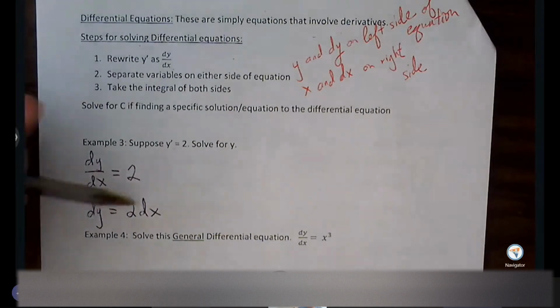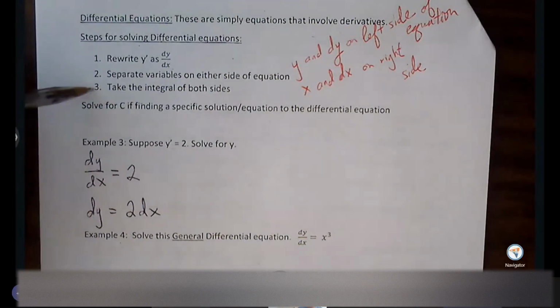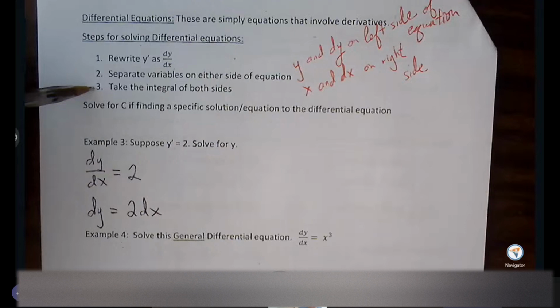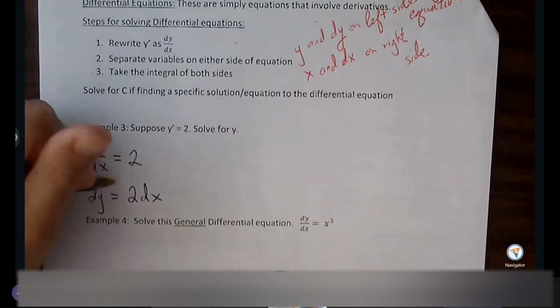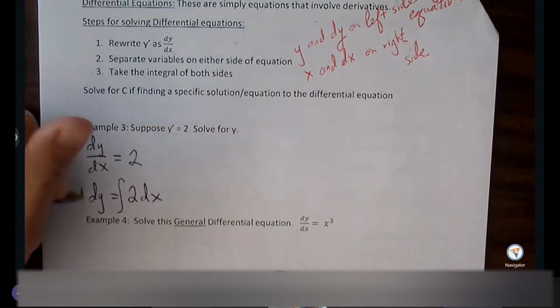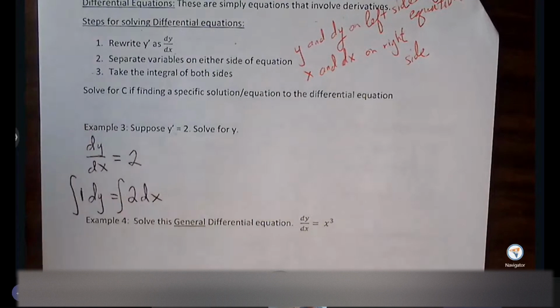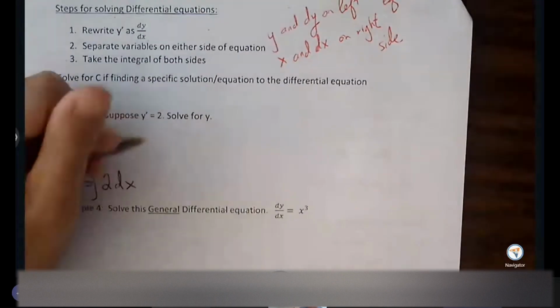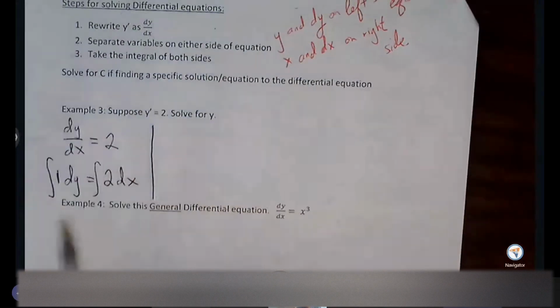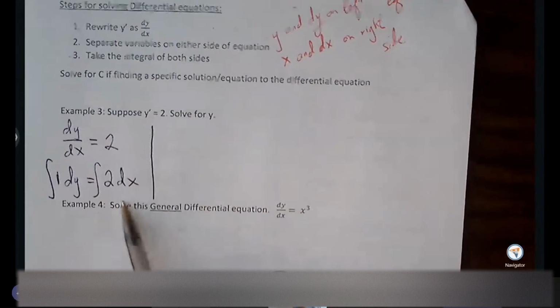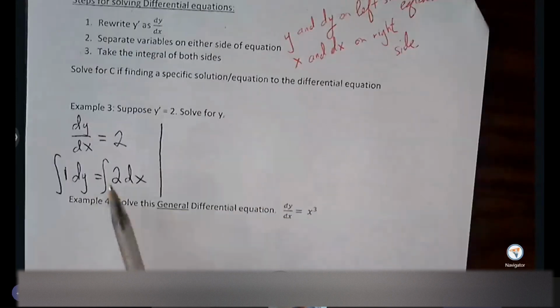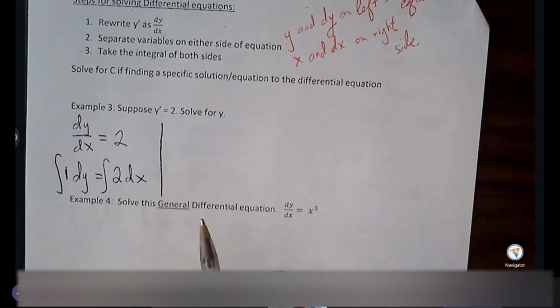Once we have our variables separated, then we'll take the antiderivative or integral of both sides. I'm going to put a 1 here, just to help us see what's going to come out of that. Let's start on the right side here. What do you think is the antiderivative of 2 dx?